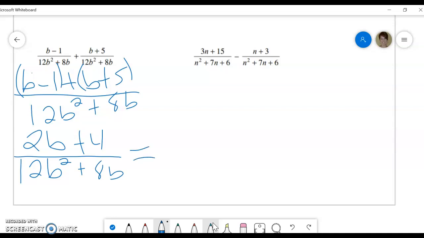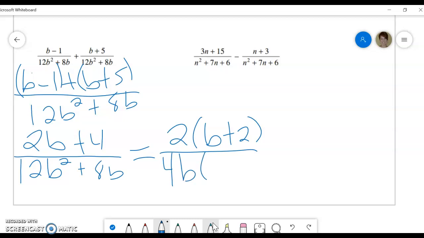So in the numerator, I'm going to factor out a GCF of 2. So I am left with 2 times the quantity of b plus 2. In the denominator, I am going to factor out a 4b. And so when I do that, I am left with 3b plus 2. Making sure I'm doing my math right, so this would give me 12b squared plus 8b.